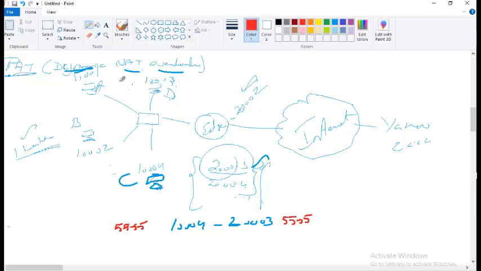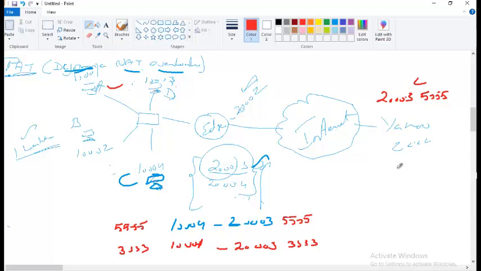Now whenever A goes online, 10001, let's say that comes with some port number 3333. Same IP address 20003, but the port number is 3333. When Yahoo receives the packet from C, it receives it from 20003, port number 5555.